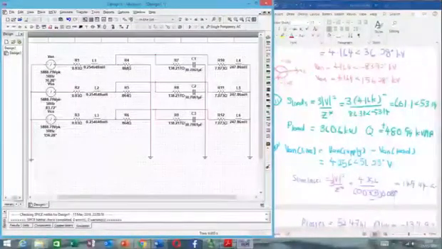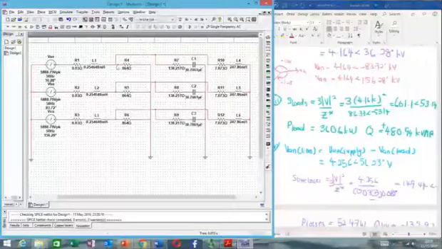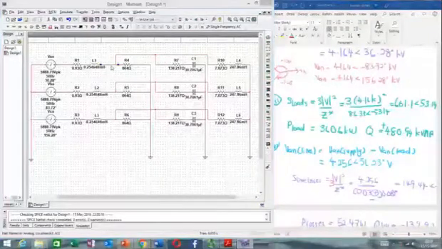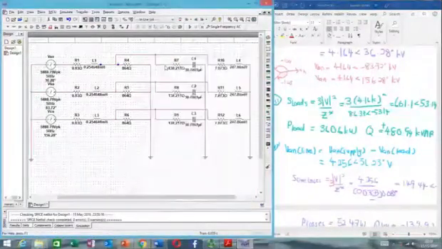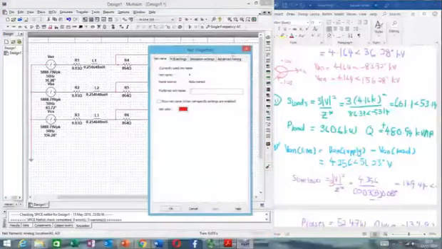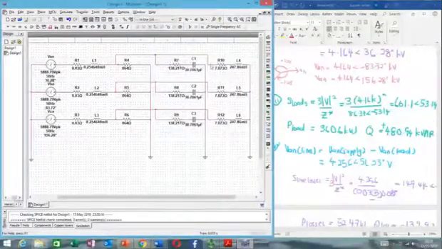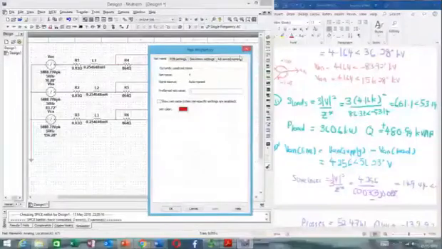Load 1 is 4, load 2 is still 4, and load 3 is still 4.